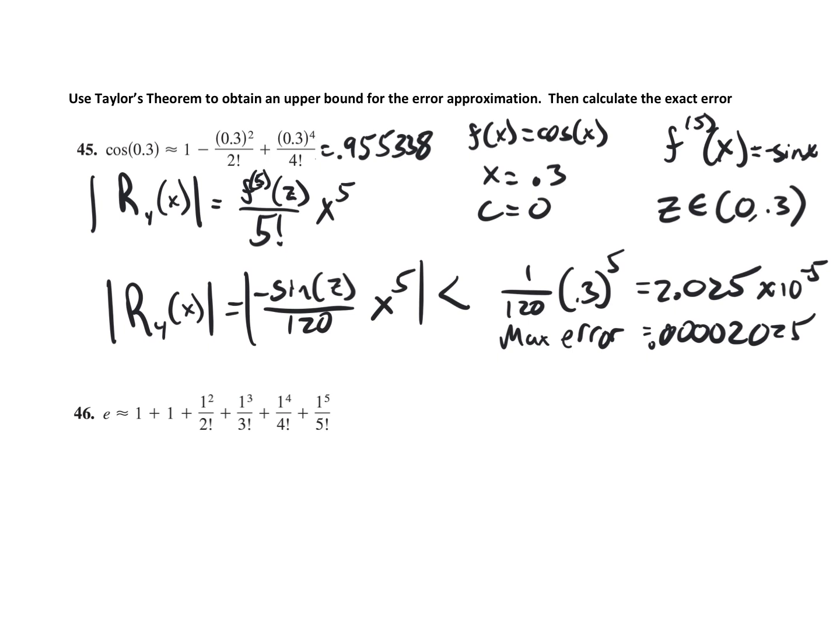The actual value is 0.955336. So we say the exact error is, if we subtract those, 0.000002. All right, so we're off, if we subtract those, by that much.